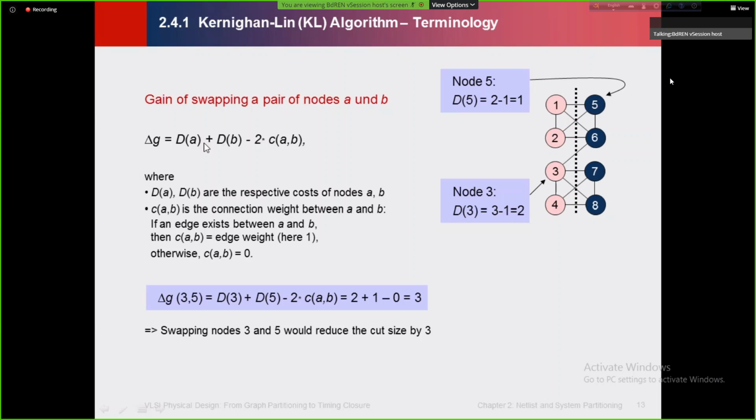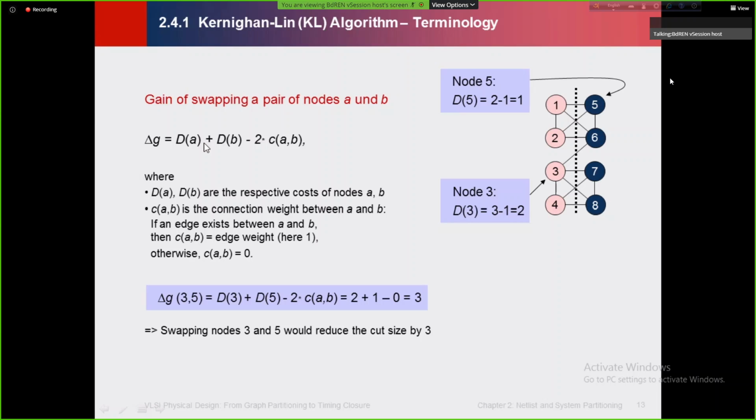If we want to calculate the gain by exchanging 3 and 5, it will be cost of 3 plus cost of 5 minus 2 into connection between 3 and 5. Cost of 3 we already know. Cost of 3 is 3 minus 1, which is 2.